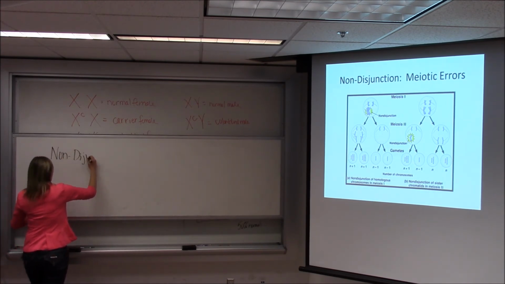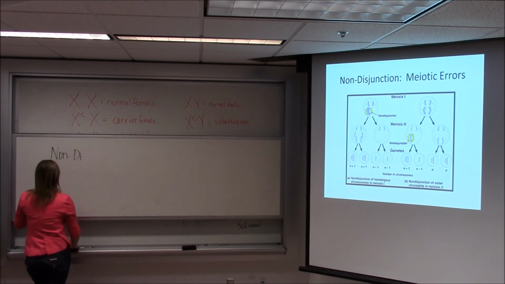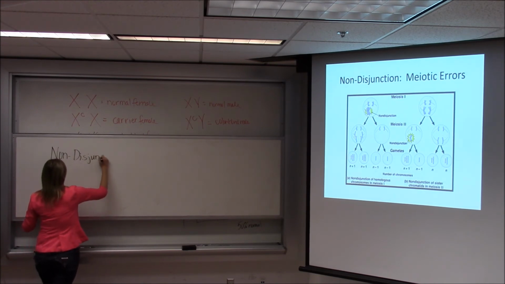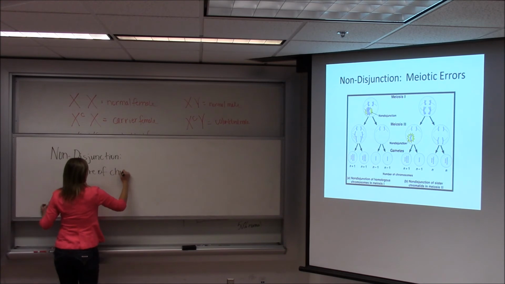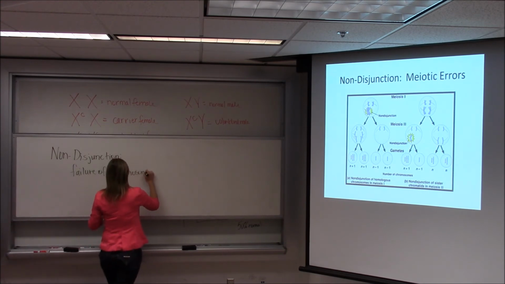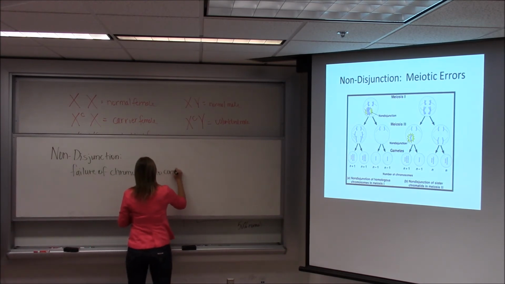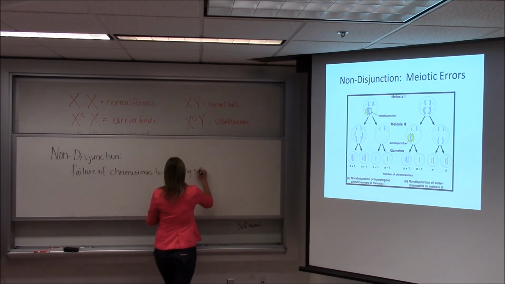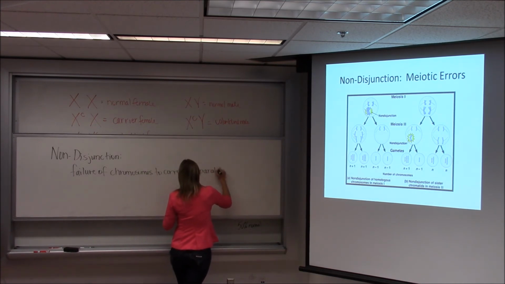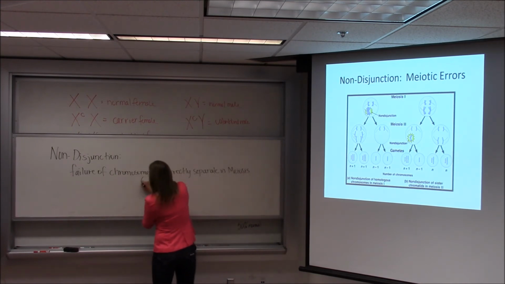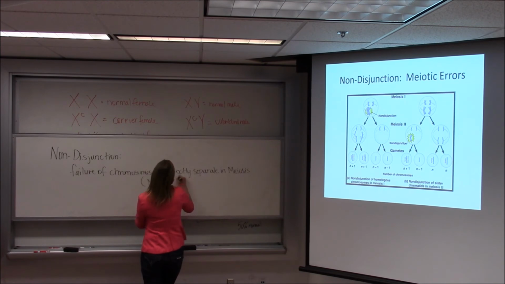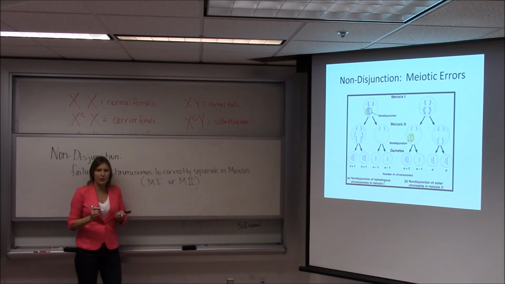Non-disjunction: failure of chromosomes to correctly separate in meiosis. It can happen in meiosis 1 or meiosis 2, and it can happen with eggs or with sperm.